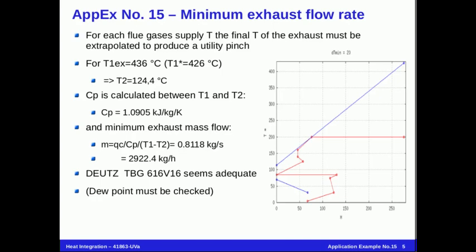On this grand composite curve, we can dimension the flue gases stream, the heating stream, and choose the correct engine. Here, it will be done just for the right choice, that is the Deutsch TVG. For each of the flue gases supplies, we have a starting temperature.